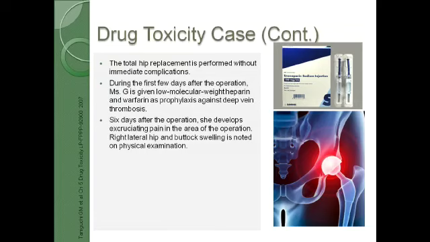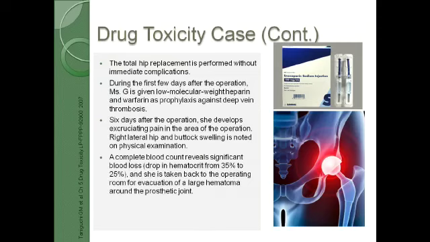And 6 days after the operation, she develops severe pain in the area of operation. So what is seen on the right lateral hip and also on the buttock is swelling on physical examination.